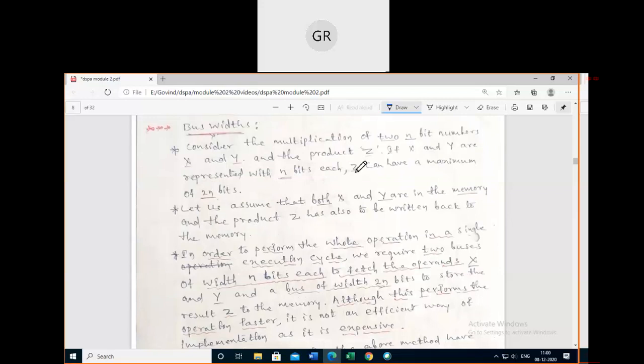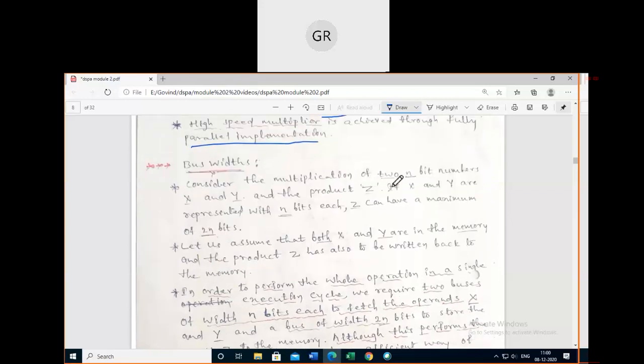Then the bus width. Consider the multiplication of two n-bit numbers x and y and the product z. If x and y are represented with n bits, z can have a maximum of 2n bits.